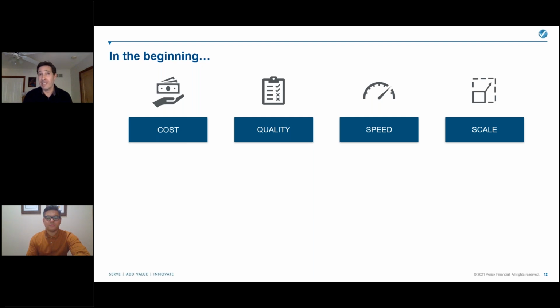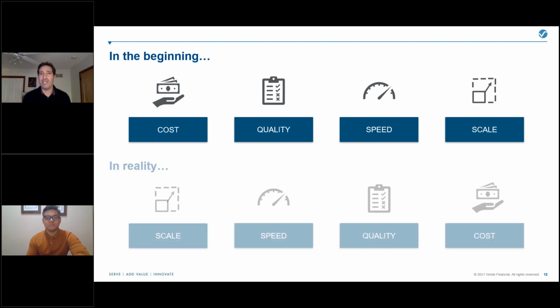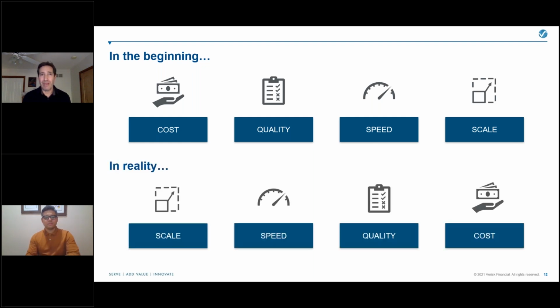One of our very first clients was fined $1 million by Visa for inadequate KYC, and they were desperately looking to improve the quality and consistency of their KYC. So I thought those were the two drivers. I didn't think speed and scale would be. In reality, all of those benefits were true, but it was the exact opposite.